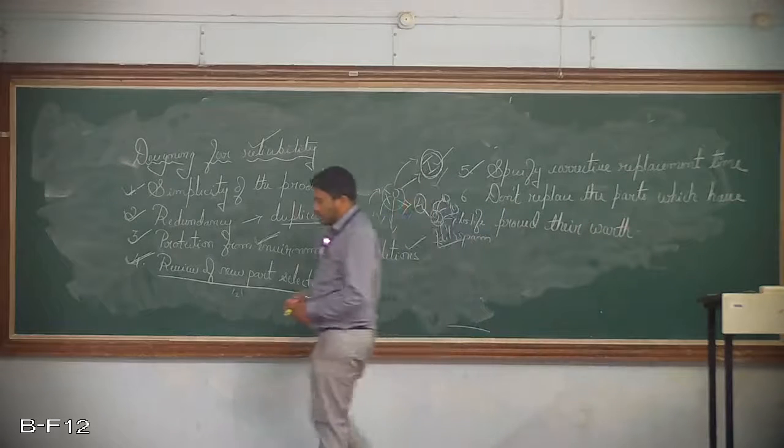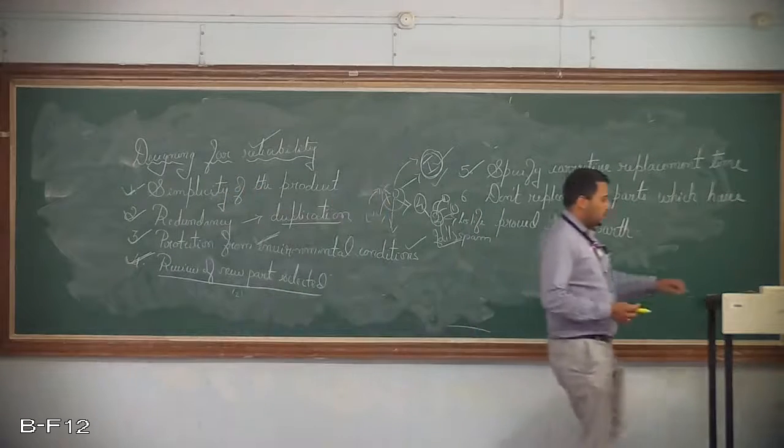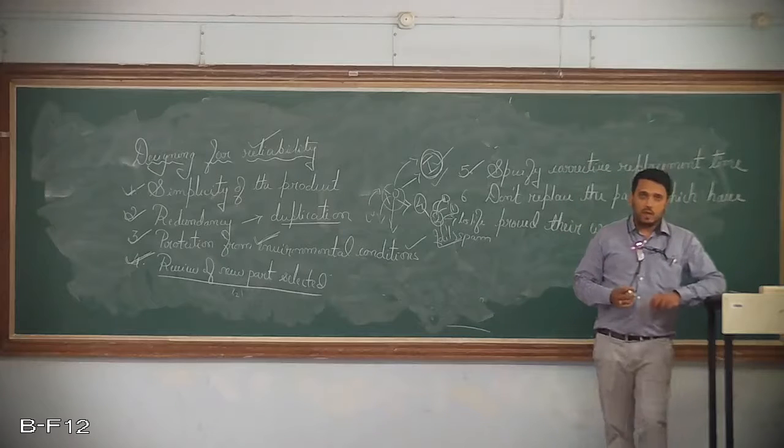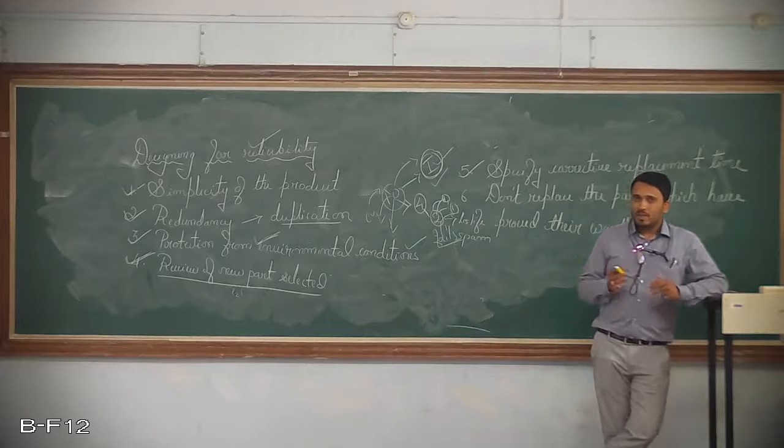And next is the specified corrective replacement time. As you know, if you have a car or a two-wheeler, when you get service, he always mentions that after a certain period of time, the engine oil needs to be changed. So that is the time he's giving to replace that engine oil.